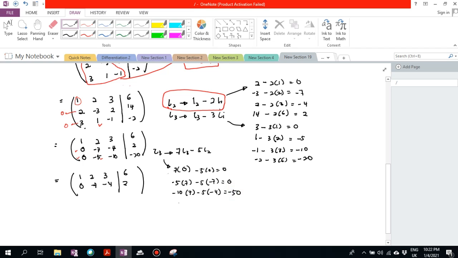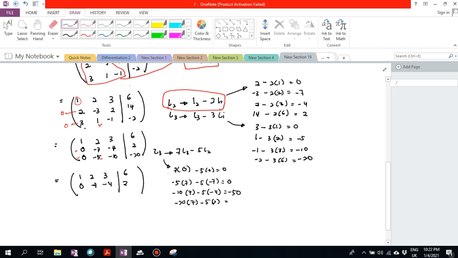Then the last one, we have negative 20 times 7 minus 5 times 6. No, this one should not be times 6, it should be times 2.